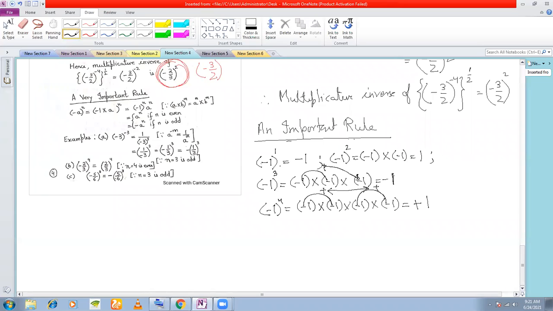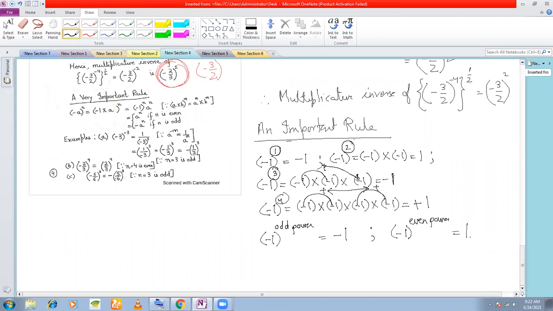So what you see here is that when minus 1 is raised to an odd power, 1, 3, it will give you minus 1. And when minus 1 is raised to an even power, say 2, or 4, or even 6, it will give you plus 1, right? This is one rule that you must remember.